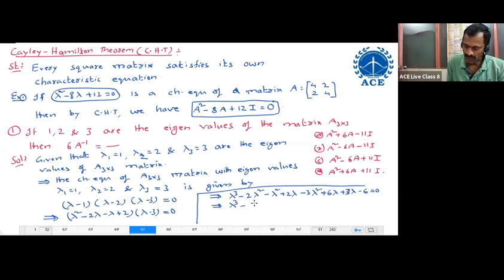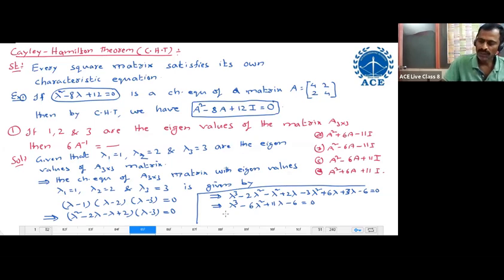Lambda cube minus 6 lambda square plus 11 lambda minus 6 equal to 0. This is the characteristic equation only.